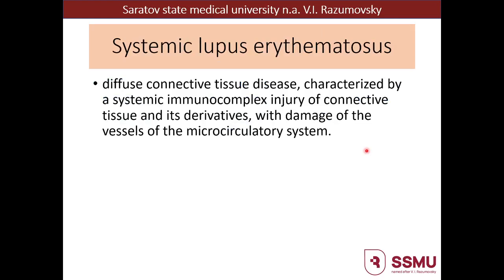Systemic lupus erythematosus is a diffuse connective tissue disease characterized by systemic immunocomplex injury of connective tissue and some other forms of anatomical formation with damage of the vessels of the microcirculatory system. And I should tell you again that the most important pathological process in systemic lupus erythematosus is associated with damage of kidney function.